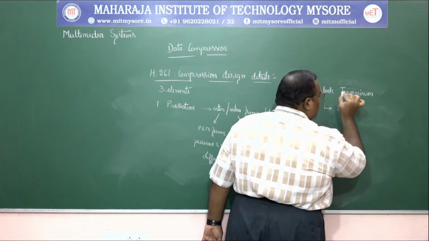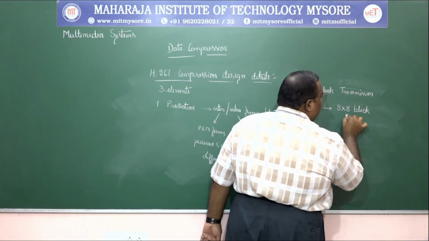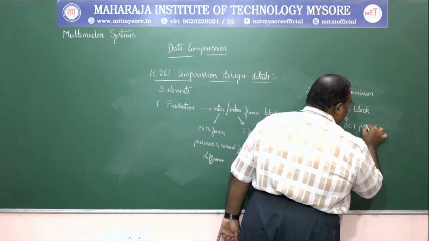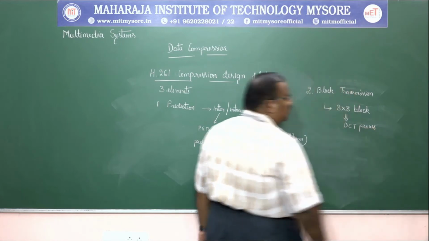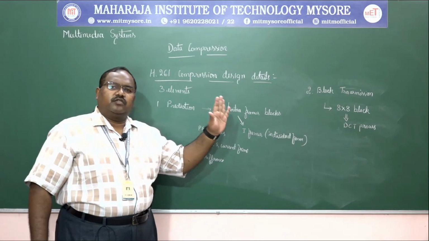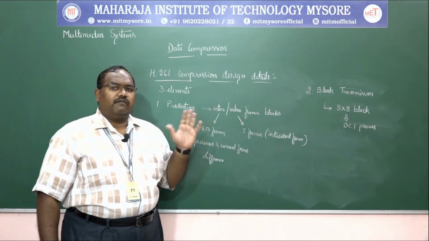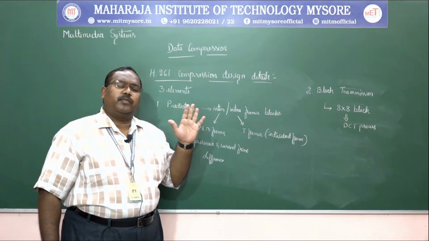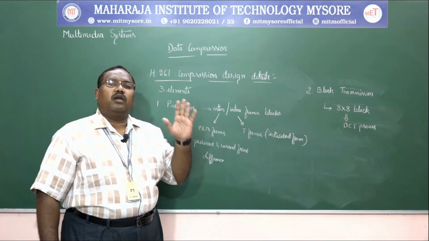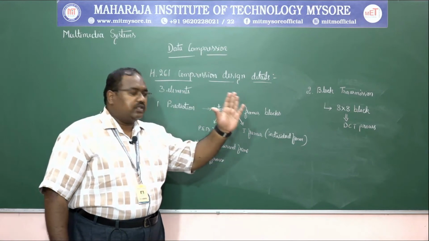We convert it into 8 cross 8 blocks and apply the DCT, the discrete cosine transform, on those blocks. We must generate 8 cross 8 non-overlapping blocks.